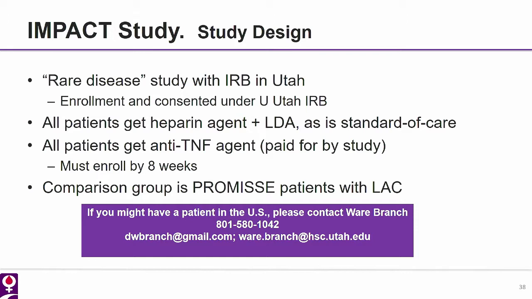The IRB is in Utah, so enrollment and consenting is in Utah under our IRB. All patients get standard treatment with a heparin product and low-dose aspirin, and then all patients get the anti-TNF agent. We have to enroll them early because it's our hypothesis that early treatment, when the placenta is vascularizing, so to speak, is critical. The comparison group is the PROMISSE patients that we collected over some 8 or 10 years.